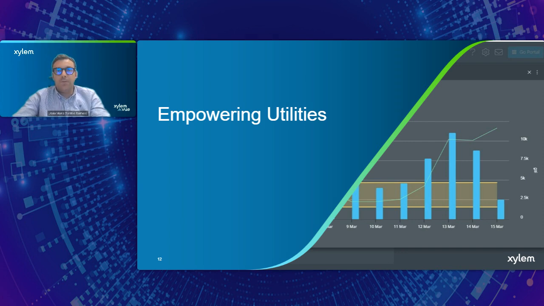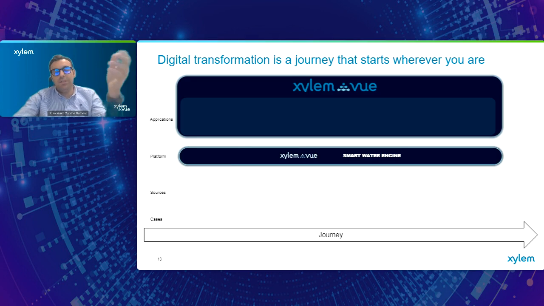Here in this case we will talk about our digital platform. One of the things that we will say is that it meets the utilities where they are in terms of digital transformation. And this is really key or important because it leverages the investments already done, and it serves as an accelerator towards this holistic approach.